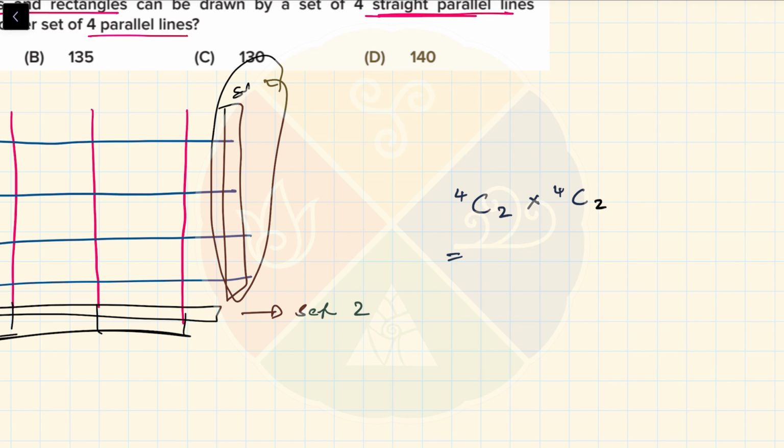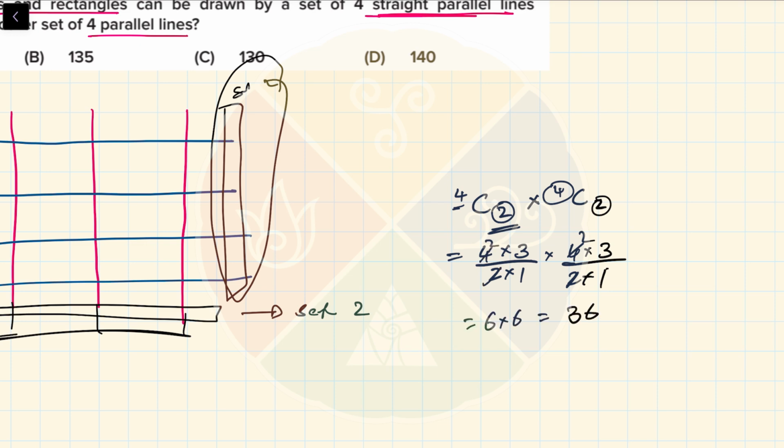Since we are finding 4C2, I start with 4, and since it is 2, I write 4 into 3 divided by 2 factorial, or 2 into 1. And you simply have to repeat that once more: 4 into 3 by 2 into 1. Once you solve it, you will find this is 6 into 6, and the answer is 36.